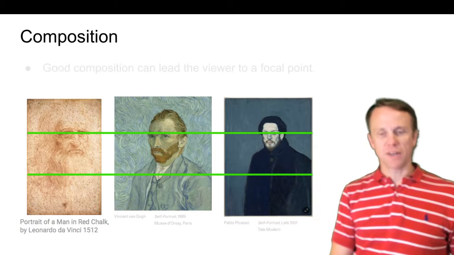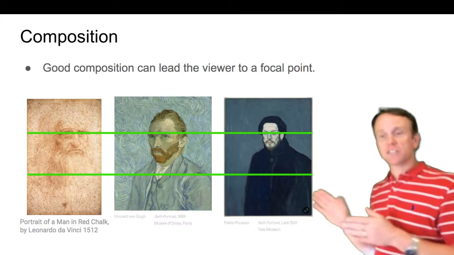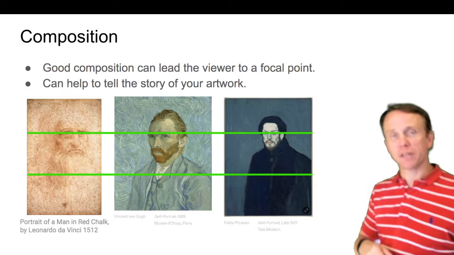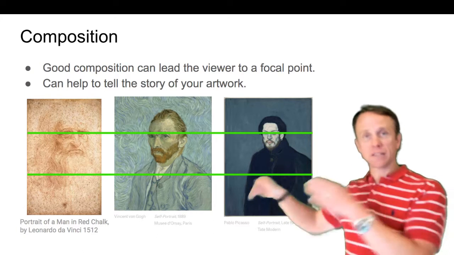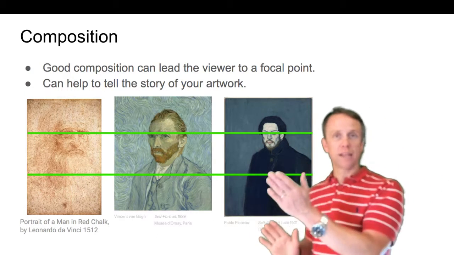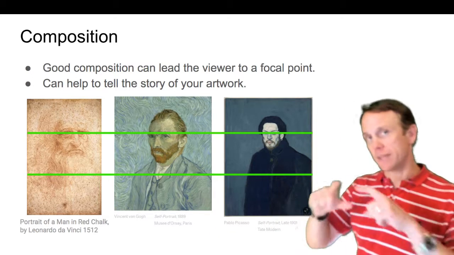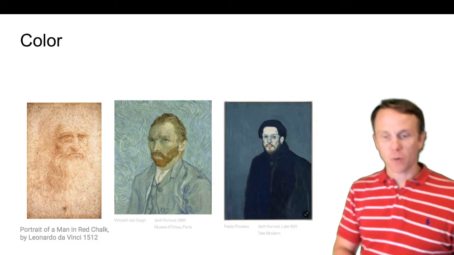There's also a little bit of an angle in the composition. Remember that good composition can lead to that focal point, and that can help you tell the story of your artwork. If they're looking at something or there's a key point in your picture, try to include those in the way you crop or frame the photo that we're going to start with.